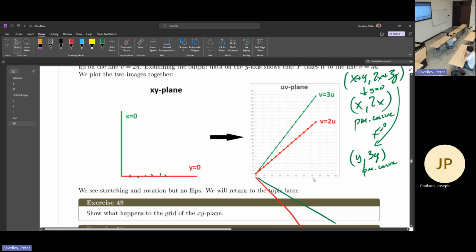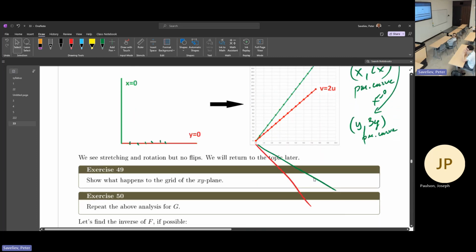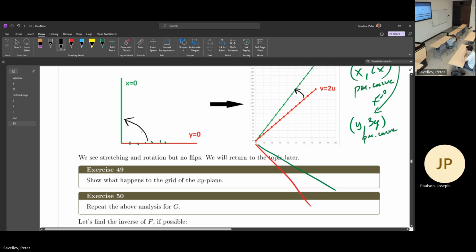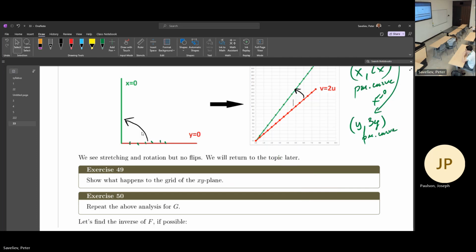Now can you see? Look at the relation between the two axes, not separately one at a time. What's the relation between the two axes after the transformation? I messed up my flip. Flip goes like this and like that.